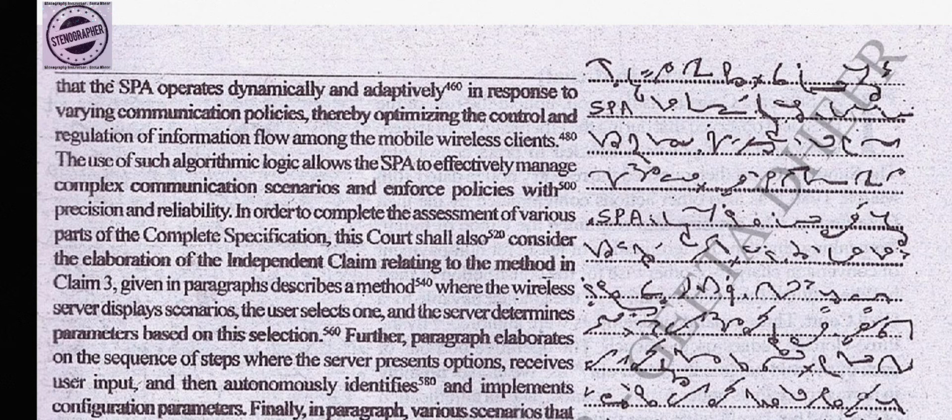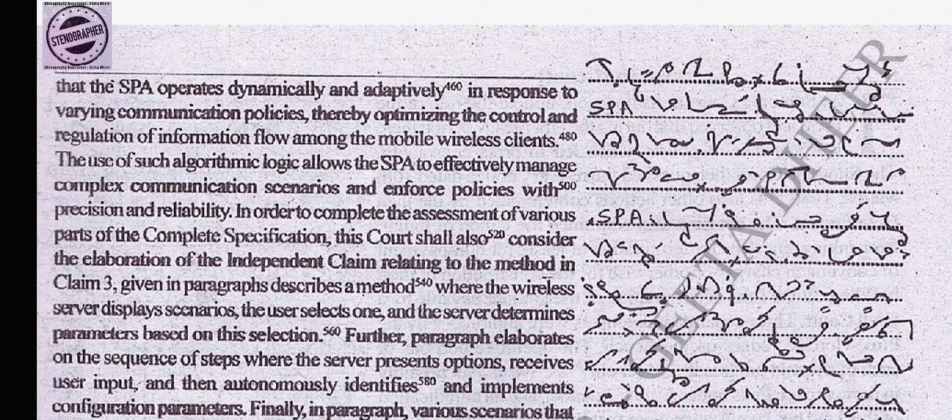In order to complete the assessment of various parts of the complete specification, this court shall also consider the elaboration of the independent claim relating to the method in Claim 3. The paragraph describes a method where the wireless server displays scenarios, the user selects one, and the server determines parameters based on this selection.